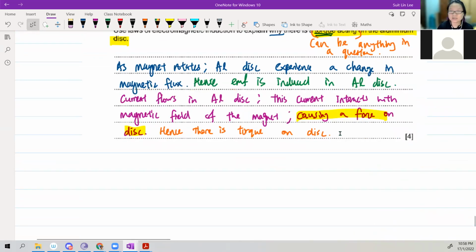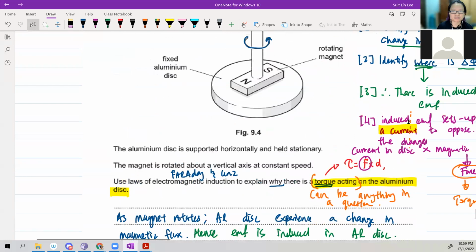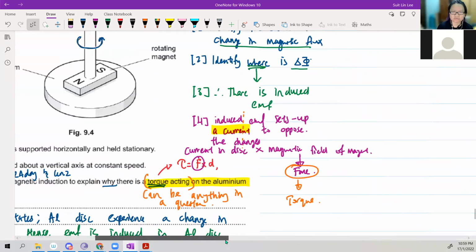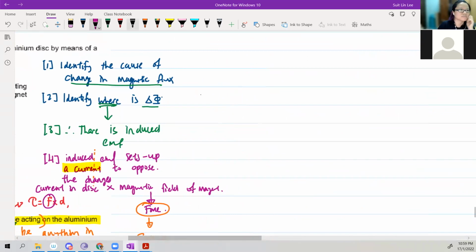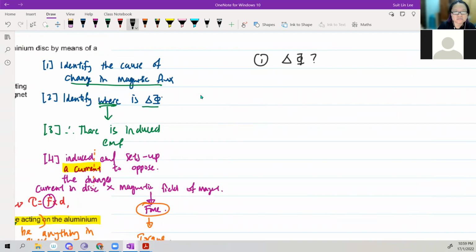Okay, so let's revisit our template a bit before we end for the day. The template is like this. Number one, change in flux, where? Number two, induced EMF from Faraday's law.